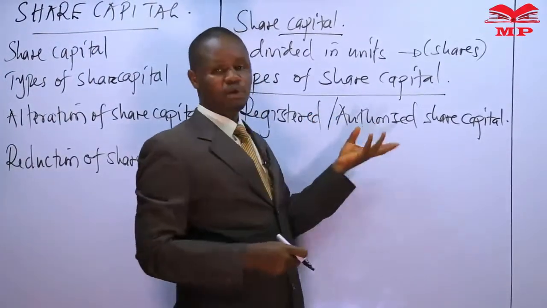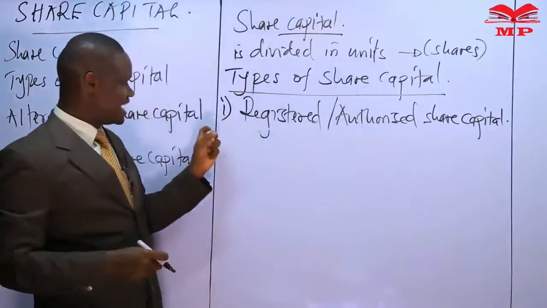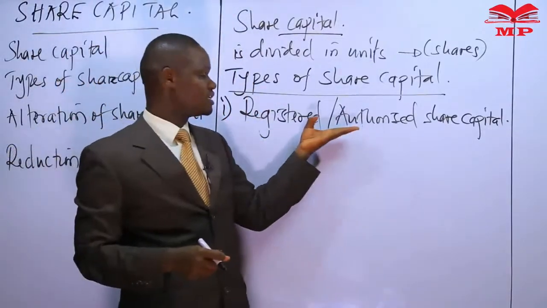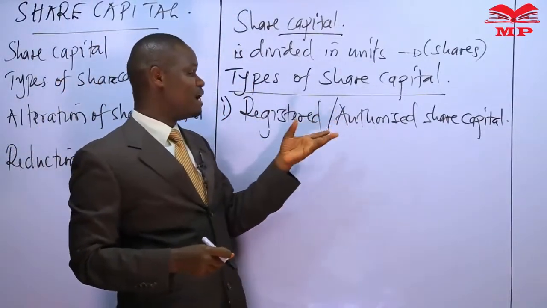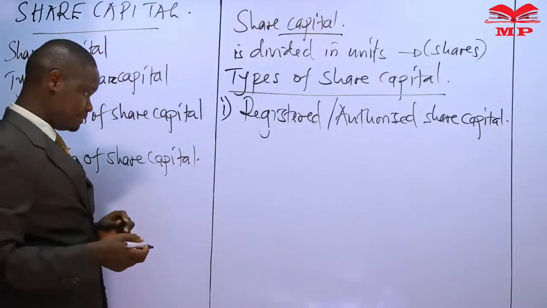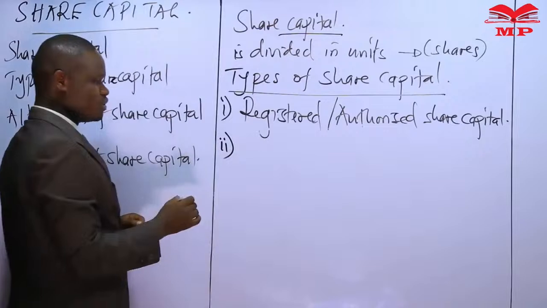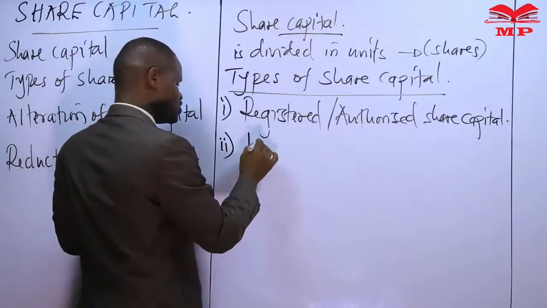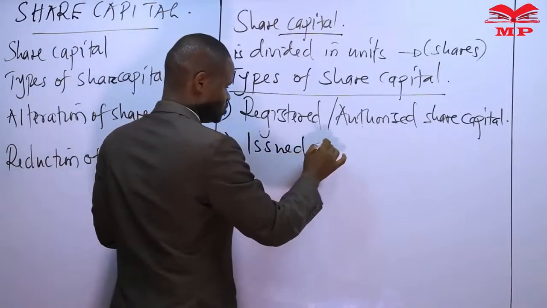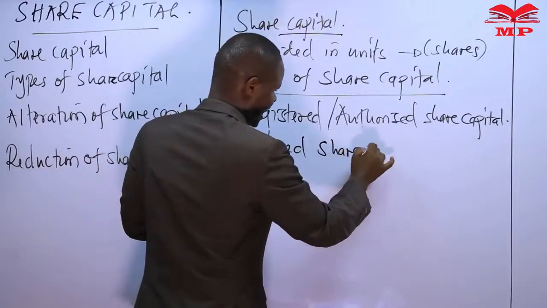Now, the company will be at liberty to either issue the whole or simply part of this amount that is their registered share capital. From this registered share capital, it is possible to have what we are calling the issued share capital.